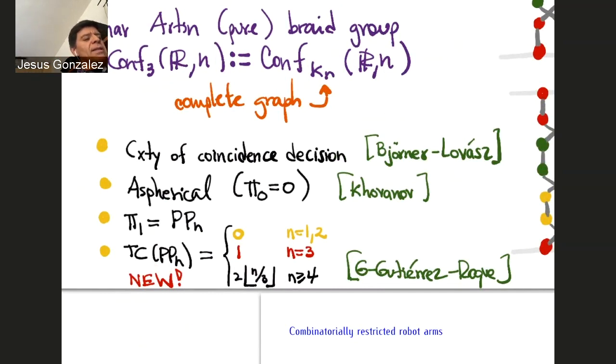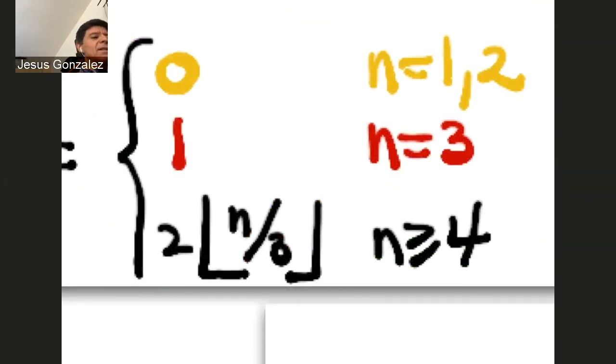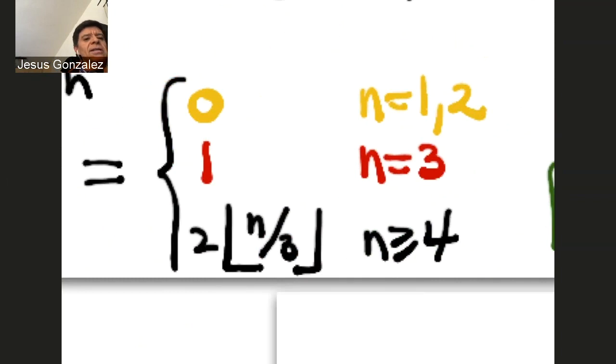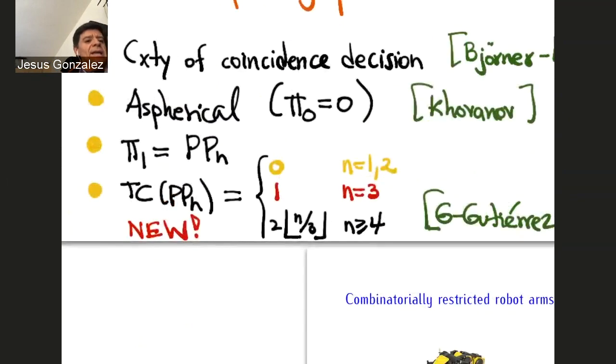Namely, the topological complexity of these flat pure braid groups is always twice the integral part of n over 3, except in a special case where n is 3. In that case, the answer would be 0, and the space is not contractible. It's actually a circle.